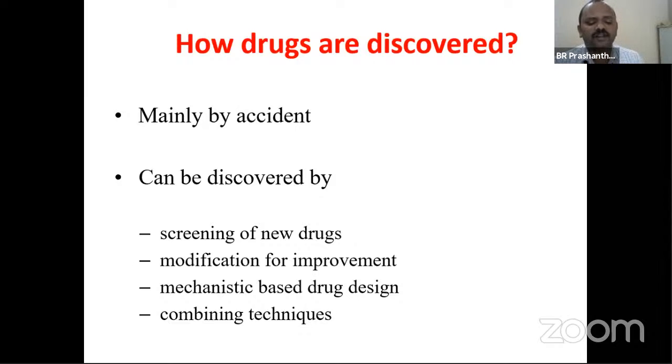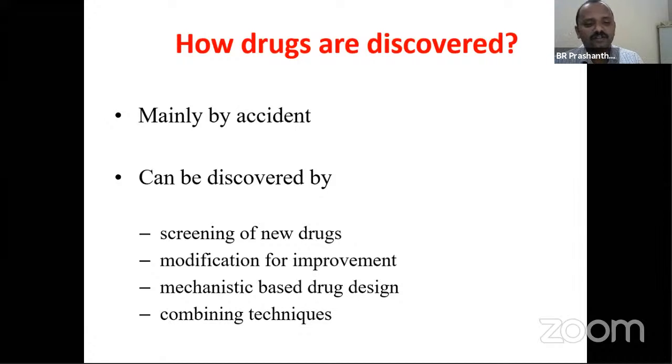So there will be some element of accident; serendipity plays a very important role in discovering drugs. A keen observation is very important for drug researchers, so that one can find out what may be the reason even though we are expecting one kind of result but don't get it that way.